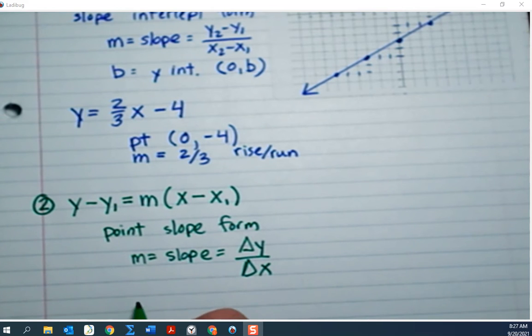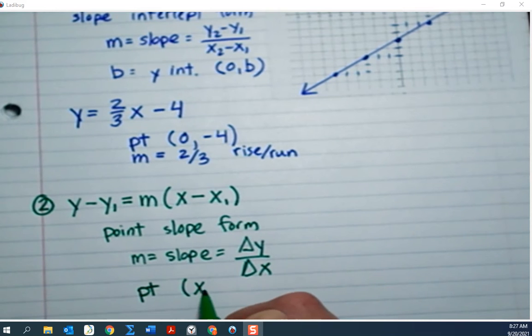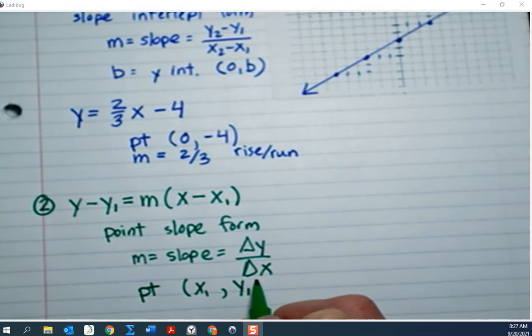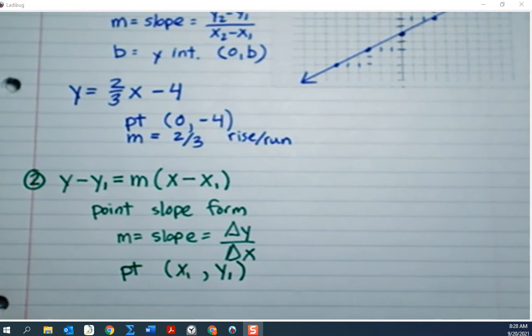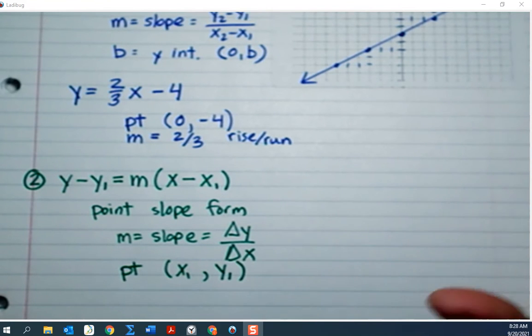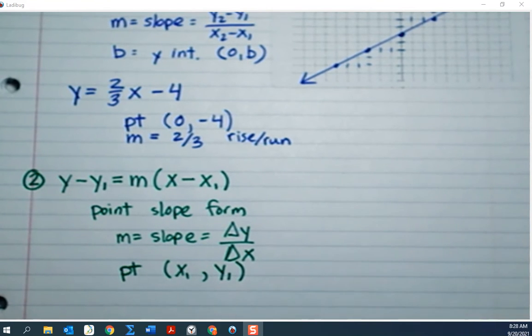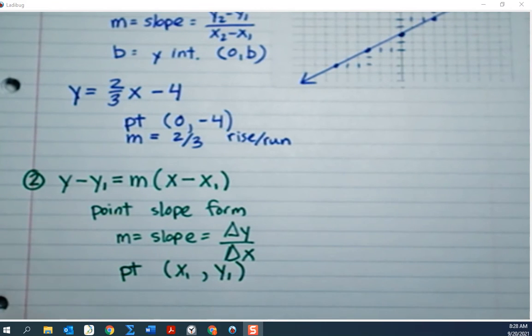And in this one, our point is x1, comma, y1. Now I'm going to put these two graphs on the same grid. If you want, you could use a different grid. I'm trying to conserve a little bit, so it's up to you. Mine's pretty open here. So here we go.